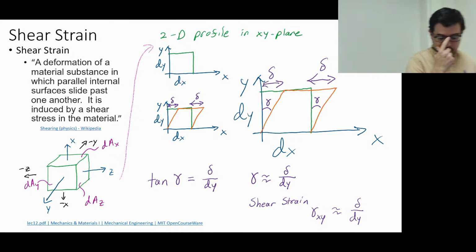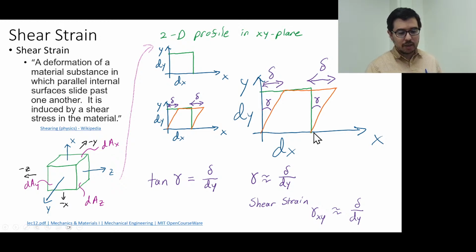Whether you think about the shear strain coming out of a y surface and going in the x direction, since this is displacing this way, it's the same thing as thinking about coming out of an x surface and going in the y direction. So that's gamma xy.